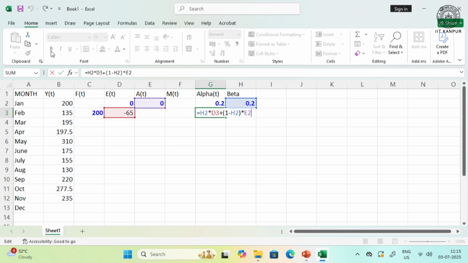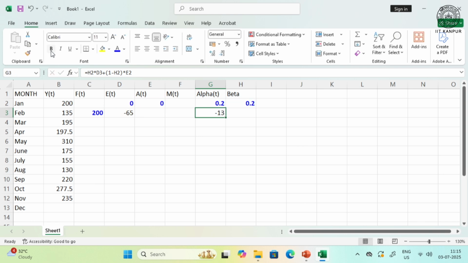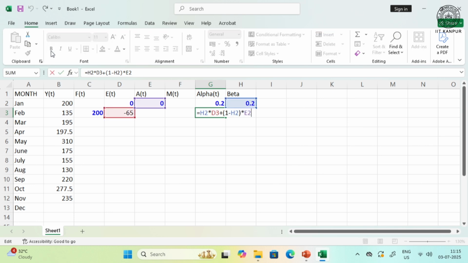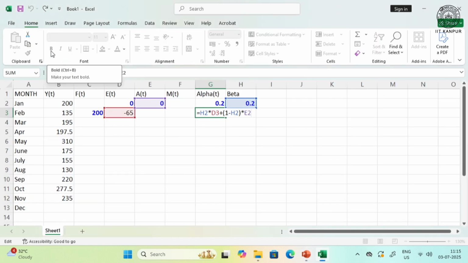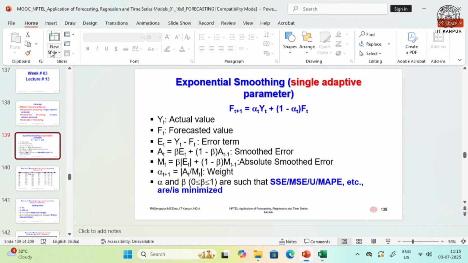Let me clarify if I am missing something. Error is done. Now when I go to find out alpha t, no, I am trying to find out at first. Sorry.